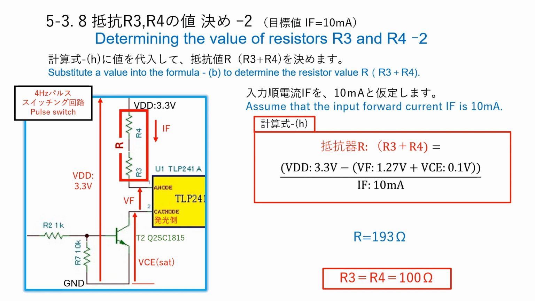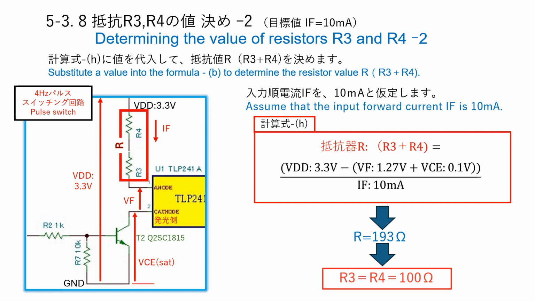Collector to emitter saturation voltage, VCE 0.1 volt. Temporary forward current, IF 10 milliampere. To calculate the resistor R3, R4. Calculation result are 193 ohm. I chose two 100 ohm resistors.